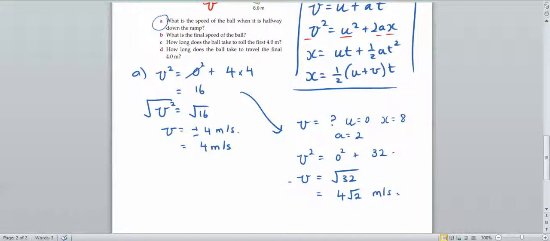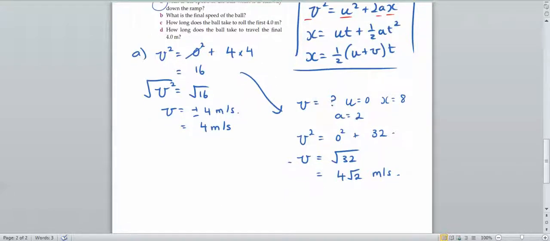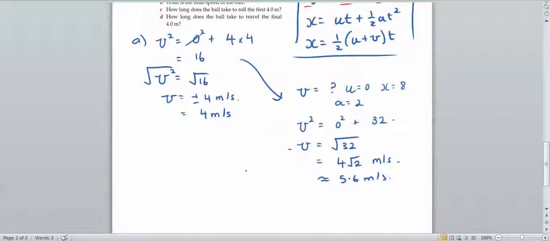Now root 2 is about 1.4, so it's going to be around 4 times 1.4, about 5.6 meters per second. Okay, without using a calculator because I don't like using calculators.